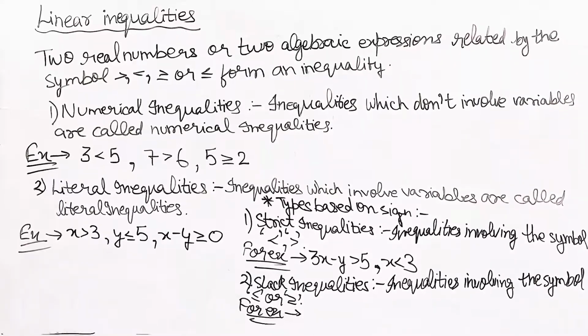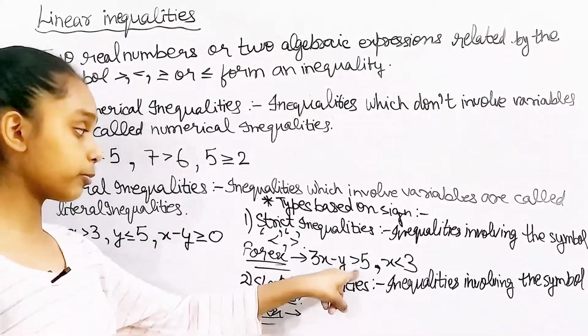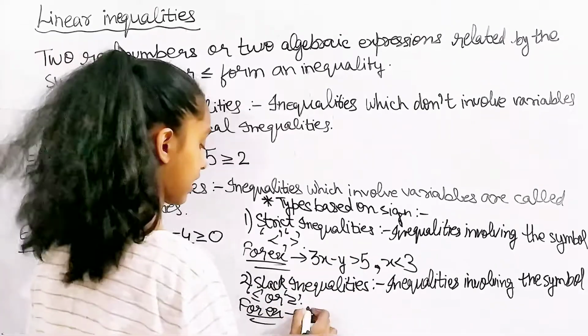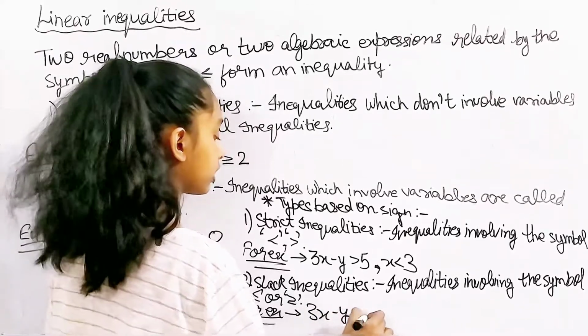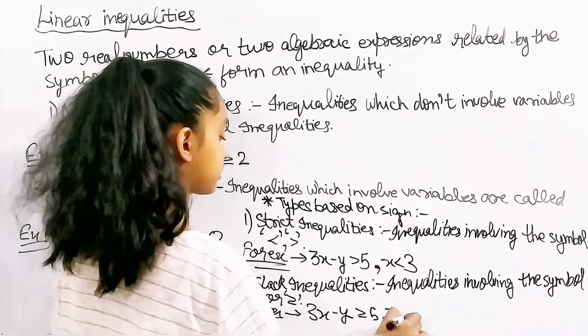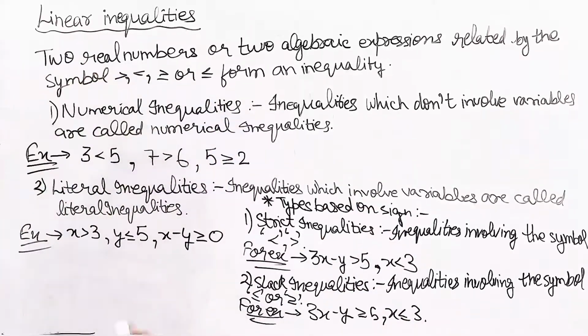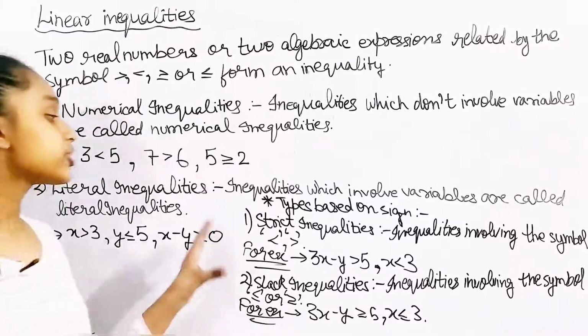Let's take the same example, but put these symbols: 3x minus y greater than or equal to 5. x is less than or equal to 3. Is this clear? If yes, then that's all for today.